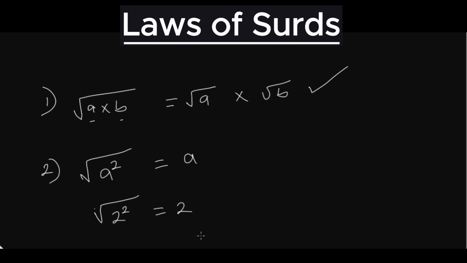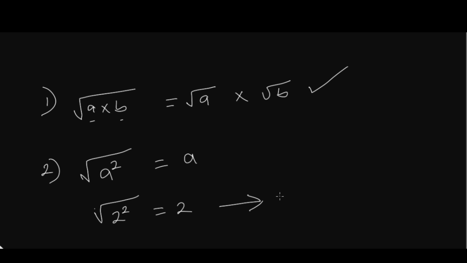If you're wondering how we got this, you have to remember your indices. For example, square root of 2 squared is also written as 2 squared raised to the power of half. This half represents the square root.